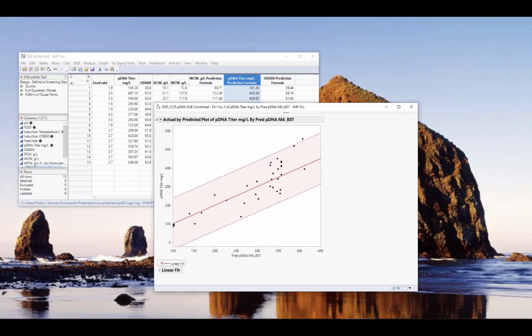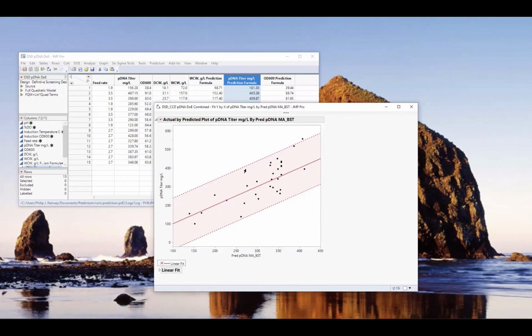So as you can see from the actual by predicted plot, the actual lead model does a good job of predicting the Pdna results in the CCD, indicating that the process performance, in other words, the relationship between the factors and the response, is similar in the CCD to the DSD, or otherwise this would be just a random scatter plot.